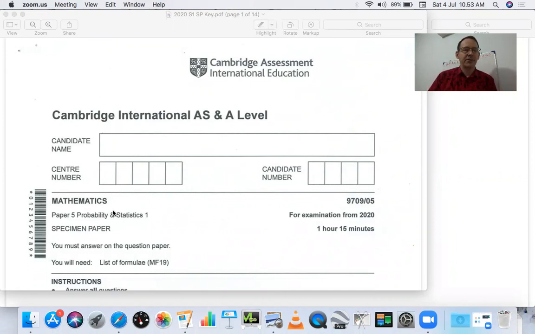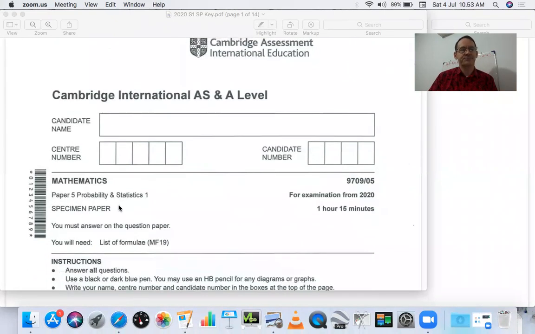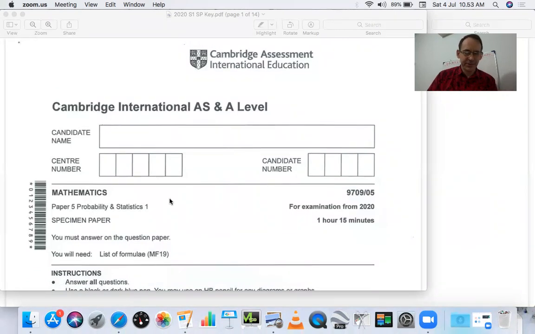Now, notice it's called paper 5. It's probability and statistics 1. In the past syllabus cycle, this was paper 6, but remember the mechanics 2 was removed. So now you have paper 1 is pure maths 1. Pure Maths 2 is the first half of the second book.